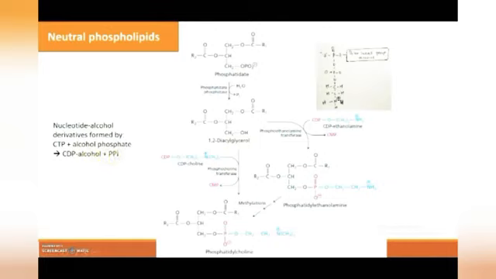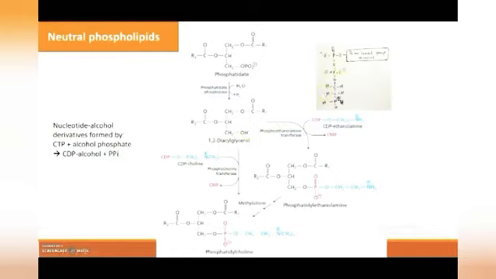Next step is reacting 1,2-diacylglycerol with CDP-choline. Here the phosphate group will attack the O in the C number 3 here, and then H will be released because the O has 3 legs.